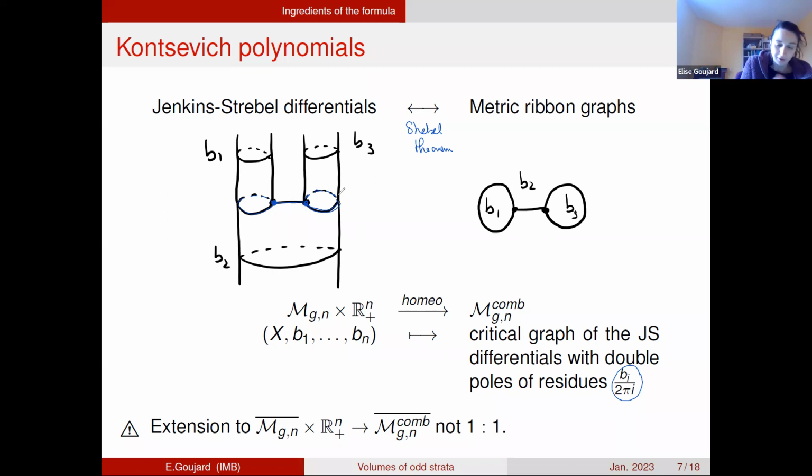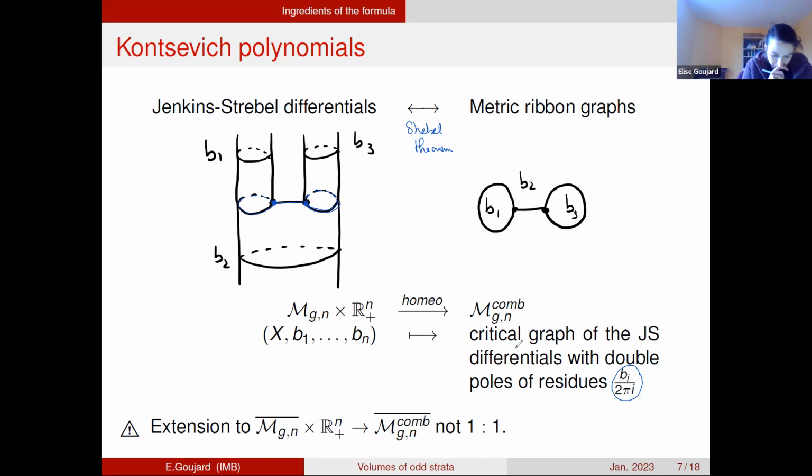Okay. So this correspondence actually defines a homeomorphism between the moduli space of Riemann surfaces times the parameter space for the lengths of the faces to the combinatorial moduli space, so the set of all metric ribbon graphs of genus g with n faces.